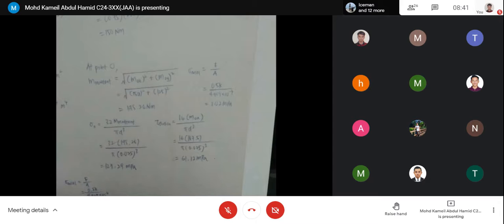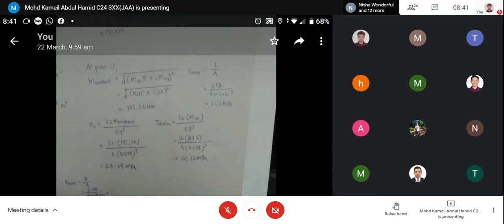And then you have your axial loading, force over A. F is your OX. OX is 0.5. A is 4.909 times 10 to the power of minus 7.